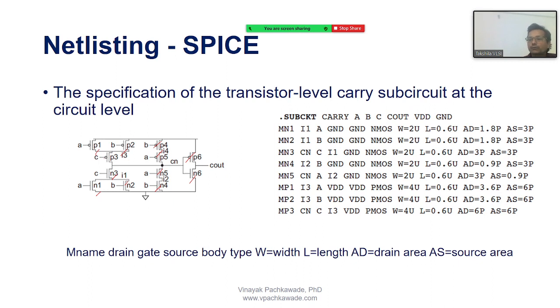Like I told you in the previous section, this is a carry circuit diagram, which is a part of a full adder circuit, right? So they will say dot subckt. This is just a syntax. What is the name of the circuit? Sub circuit carry. How many inputs does it have? A, B and C. What is the output it has? C out, and power and ground, that is the supply rails.